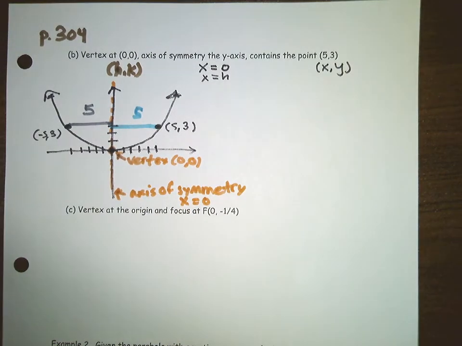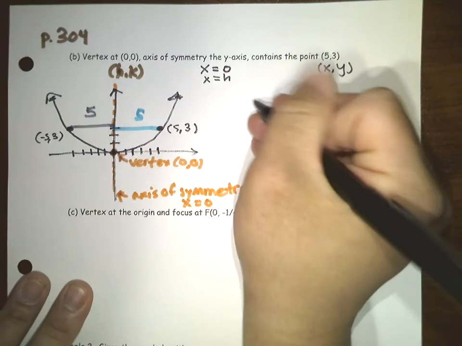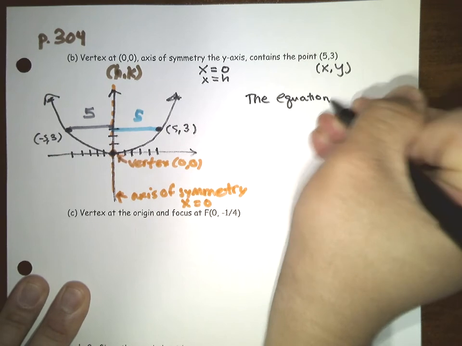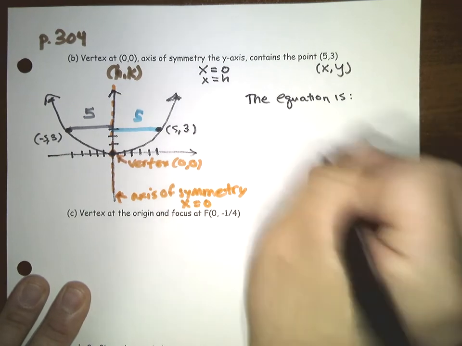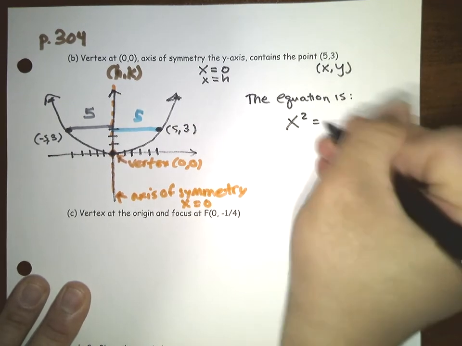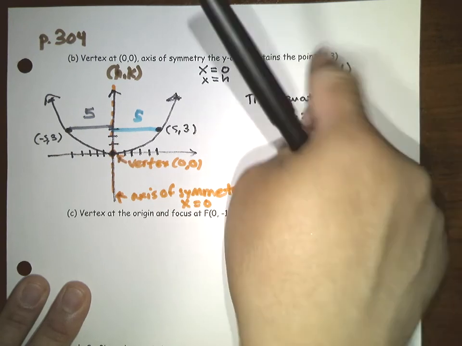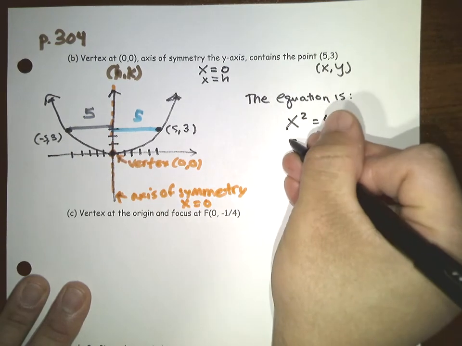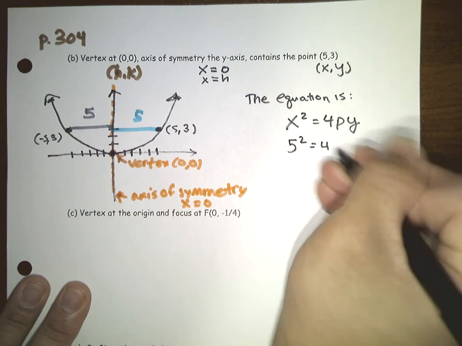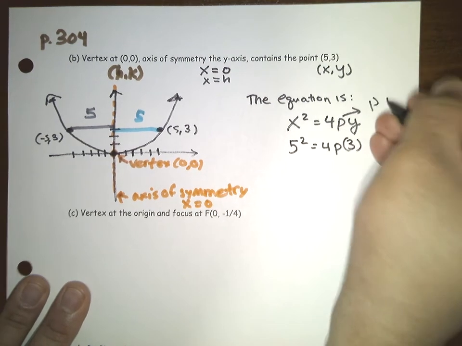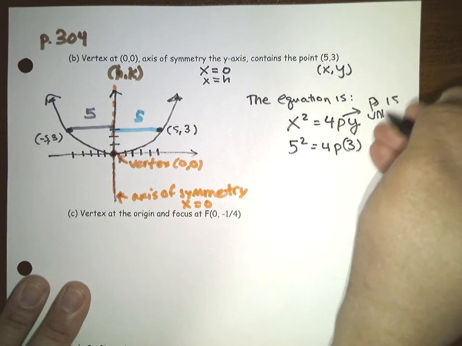So now all we need to do is find the equation. So the equation is going to be x squared is 4py. So x was 5 and y was 3, and p is unknown.